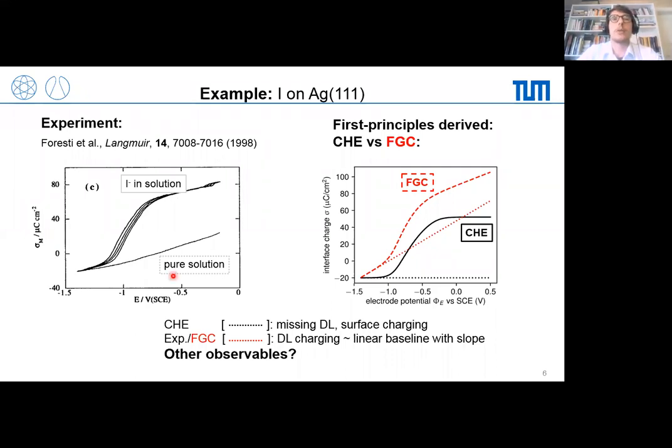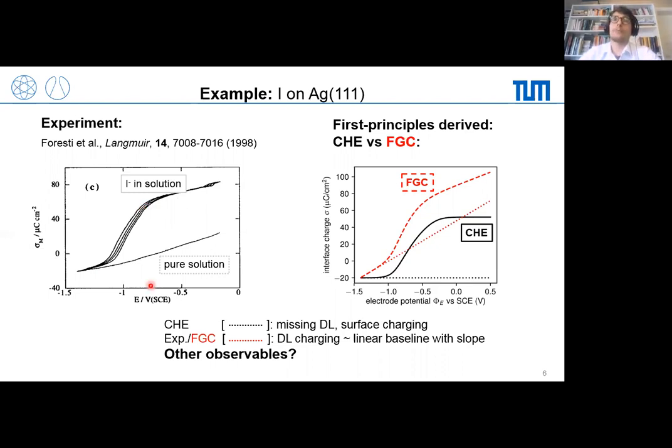In the pure solution, by applying a potential, you of course add additional electrons onto the surface purely by double layer charging, or capacitive charging of the double layer. Now, if you add ions in solution at a certain potential, you can electrosorb these ions, and due to these adsorbed ions you can add additional electrons onto the surface, or rather remove them from the surface, and that's why you can see this jump, or this stronger increase, in the electronic surface charge.